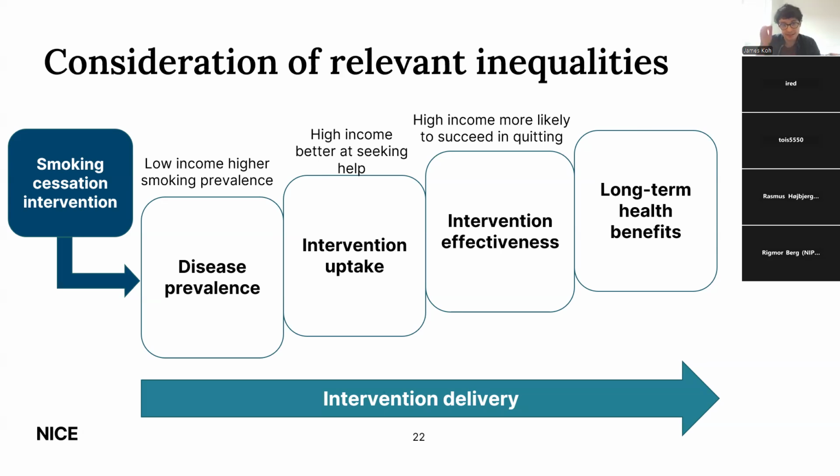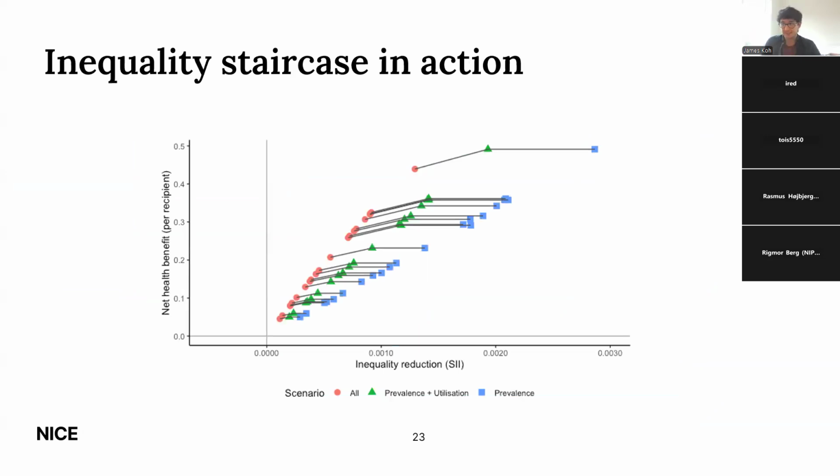This example is from one of the early distributional cost effectiveness models that I was involved with. The high income groups have a higher quit success rate, and they also have lower background mortality. When you put all this together, you get the overall picture of what the health inequality impact looks like.